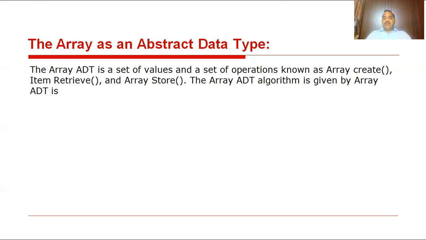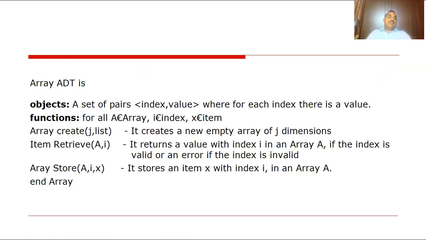There are some operations available on arrays. So, array objects are a set of pairs, index and value, where for each index there is a value. Next one is functions. For all a belongs to array, i belongs to index, x belongs to item.